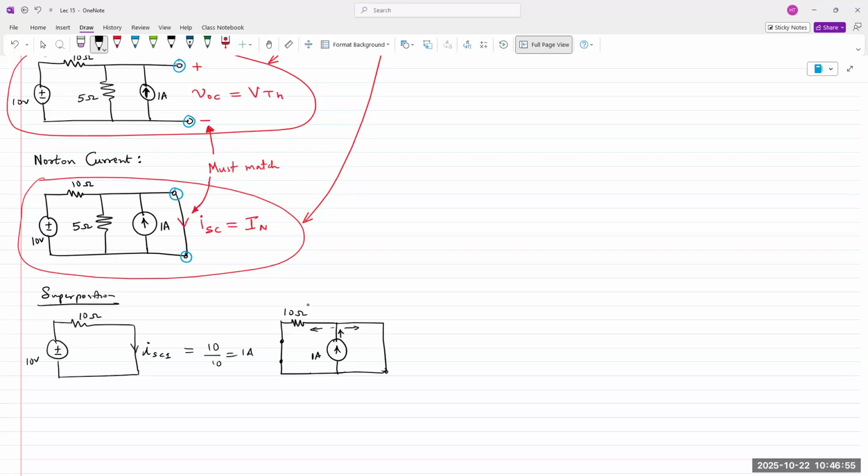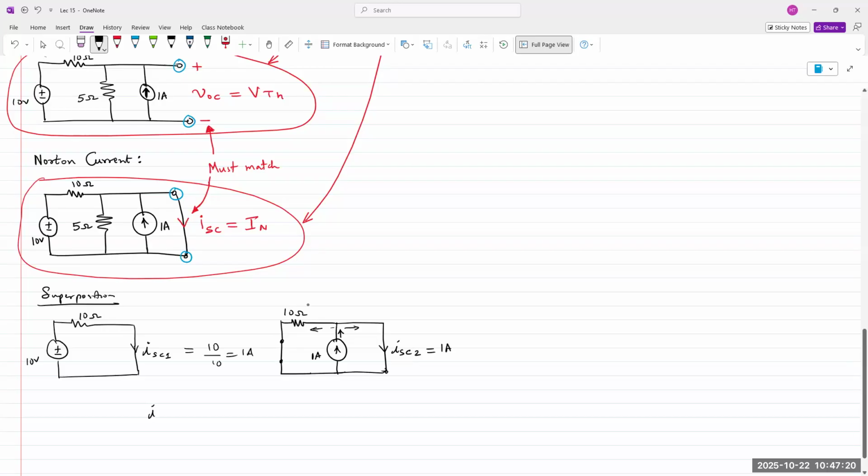This has a resistance of 10 ohms. This has a resistance of 0 ohms. So what do you think is the value for ISC2? 1. You can apply current division and prove it or calculate it. And the answer you would obtain is 1 amp because everything's going to go through there.